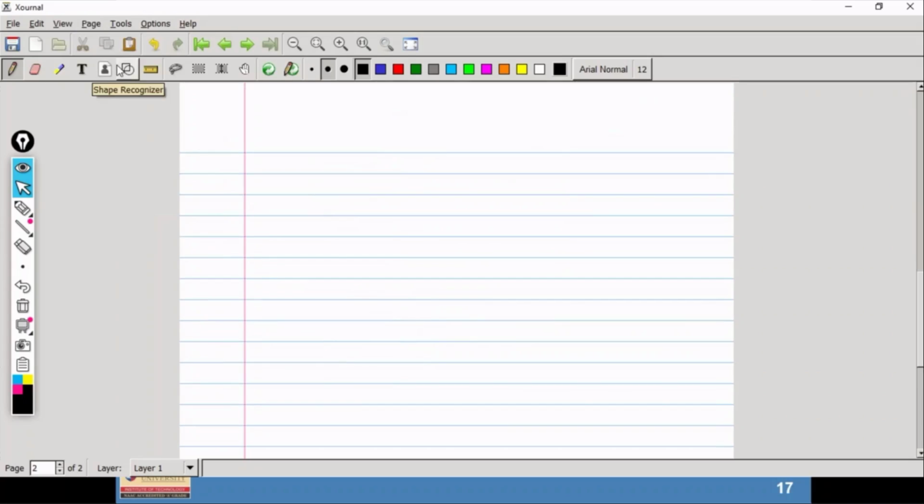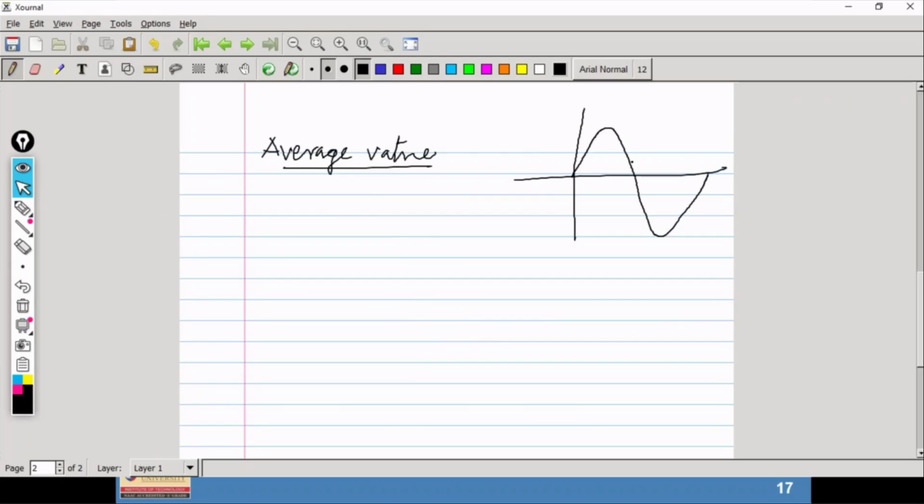Okay. So let us have a look at average value and its equations. So average value, we know that it transfers the same charge. Suppose if it is a sinusoidal wave and symmetrical wave, this area and this area are the same, then average value would be 0.